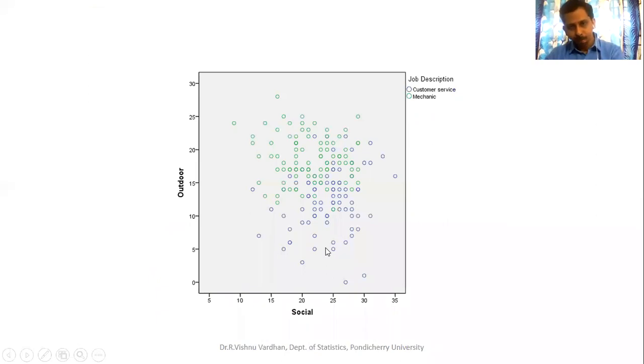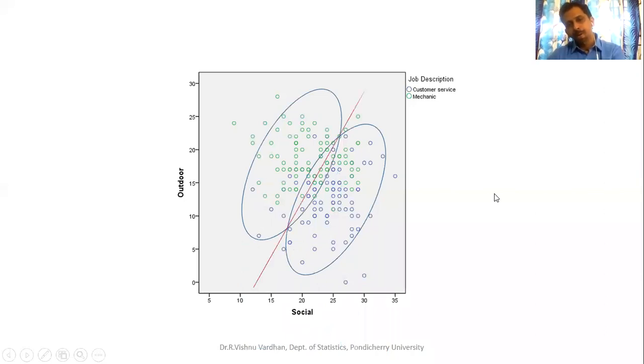Similarly, we have one more graph, where there are green dots and blue dots, talking about the two characteristics of sociability and outdoor activity in a case study. Here, if you see, the higher the sociability, the outdoor activity is a little lower; the lower the sociability, the outdoor activity is a little higher. So this is one population, where we have a cluster, and this is another cluster, but we need to define a mechanism.